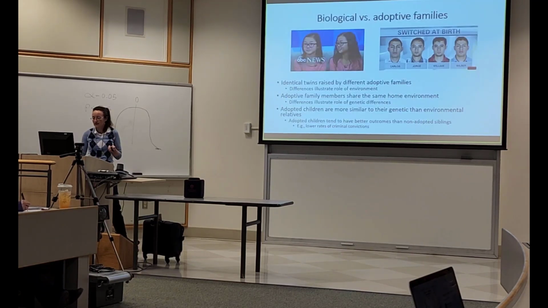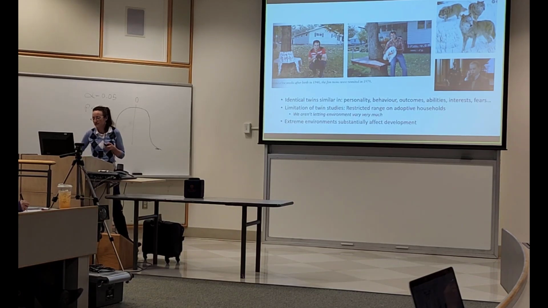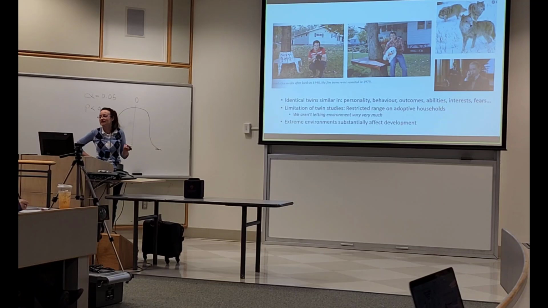There is a study in your textbook that's quite famous about the Jim twins, and they were separated at birth, and they ended up living very, very similar lives and having the same job and basically building the same bench, and they both married women named Linda. It's an interesting study.